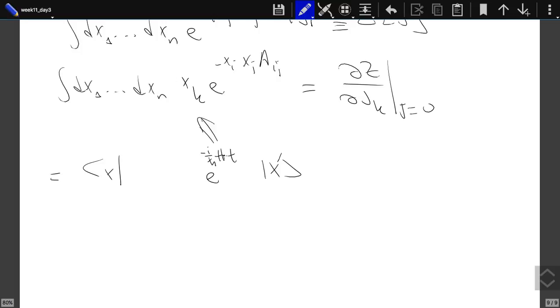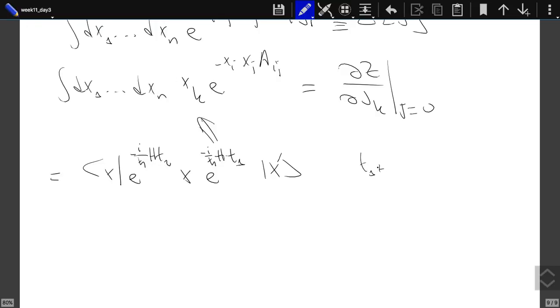This was the total thing. Now we will see our motivation later on, but I can divide this time t into smaller parts, let's say t1. Then I can have an x over here, and then I can have e to the minus i over h bar H t2.